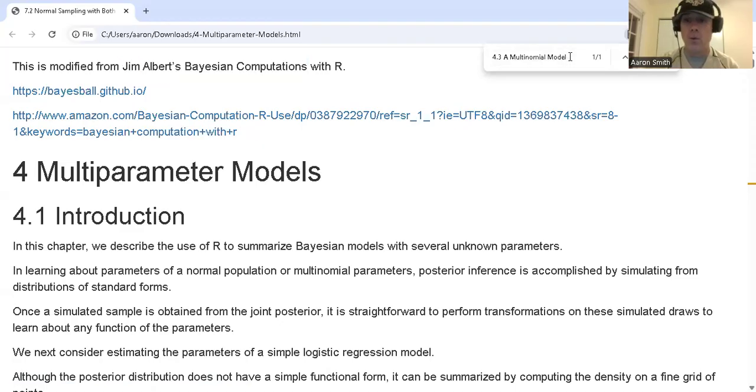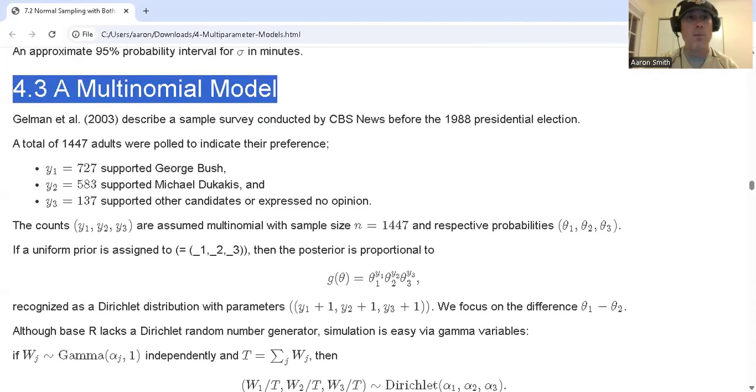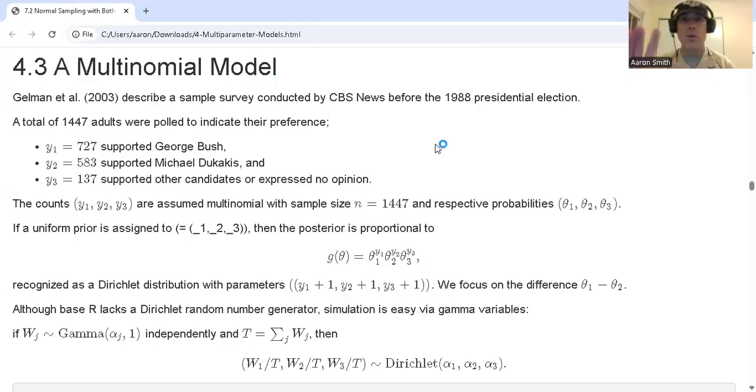All right, so let's get down to it. Let's talk about multinomial models. The example we're going to run through is for political voting. We're going to go back to 1988, the first Bush presidential election versus Dukakis.